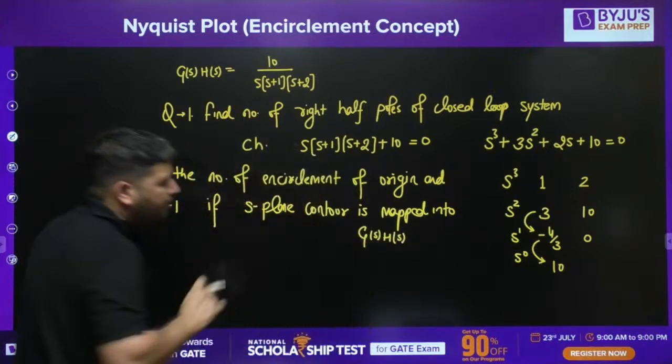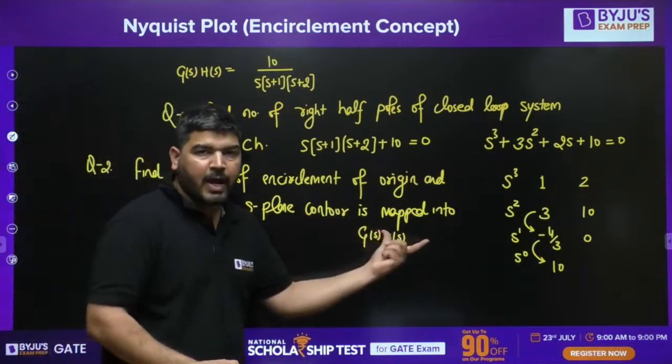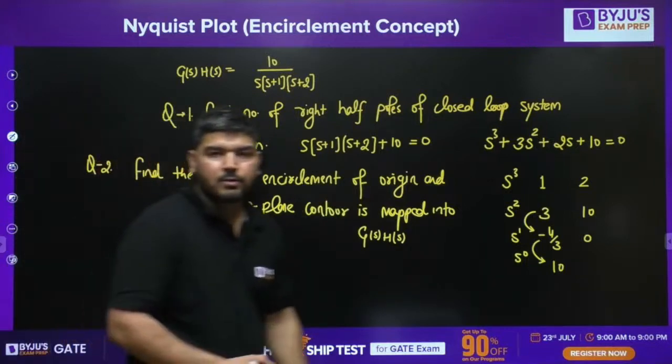So what we are doing is mapping the S-plane contour into GSHS. After mapping, we have to check the number of encirclements of origin and the number of encirclements of minus 1.